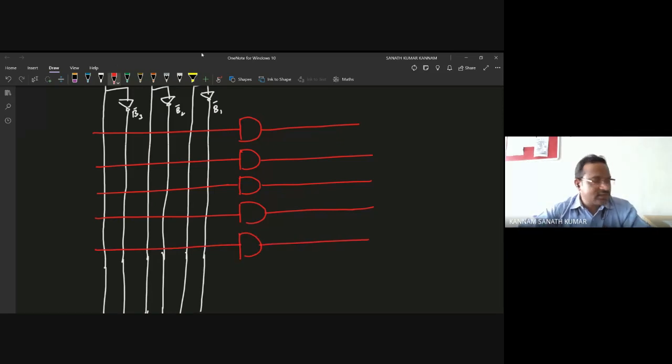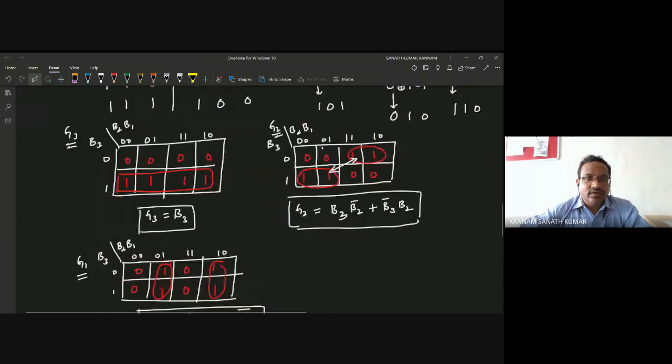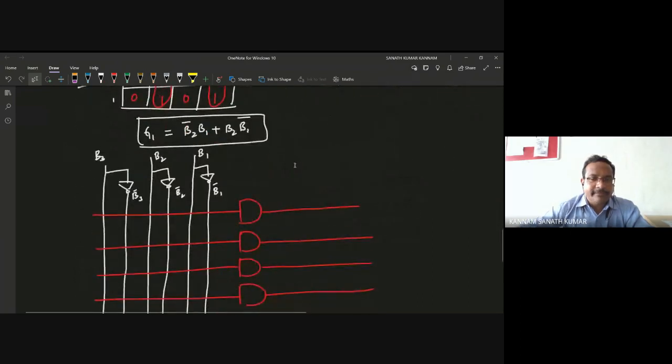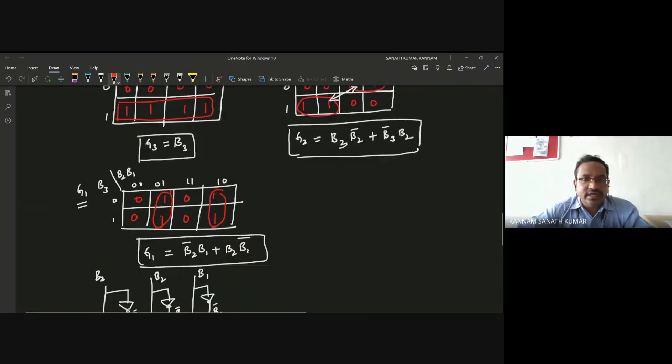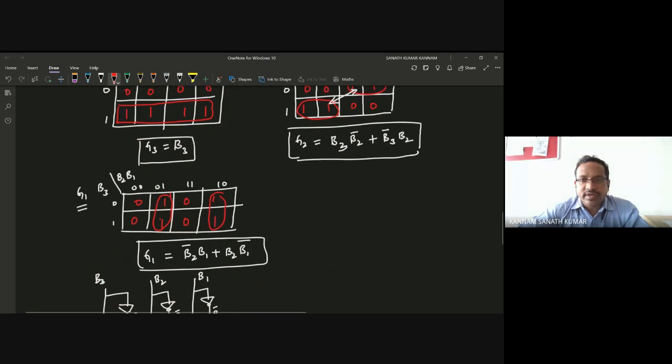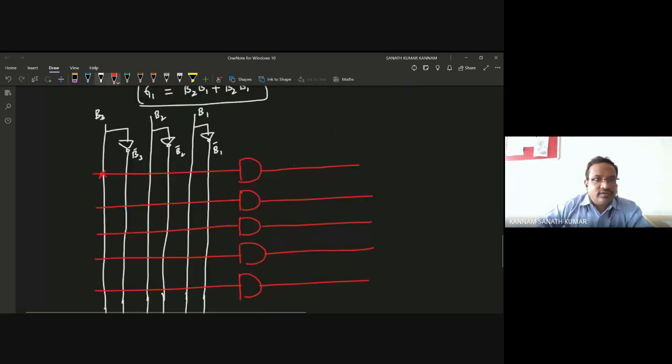So as I told you in the last class, you can make the table. So if you see the first expression, this is G3 equal to what? B3. So G3 equal to B3, and G2 equal to B3 B2 bar, B3 bar B2. Okay, this is nothing but G2 you are getting.